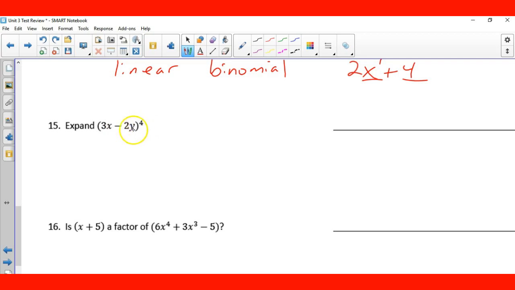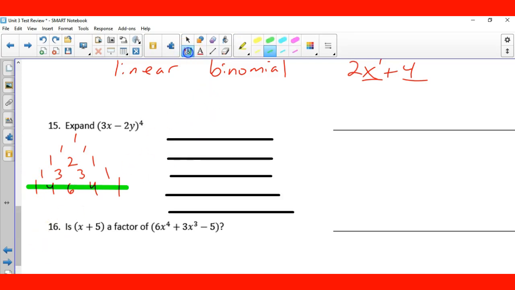So let me set up something real quick. First of all, we need Pascal's triangle. So 1, 3, 3, 1, and 1, 4, 6, 4, 1. This row is going to serve as the row we need for our expansion. Now let me draw my lines. So my lines are drawn now: 1, 4, 6, 4, and 1.